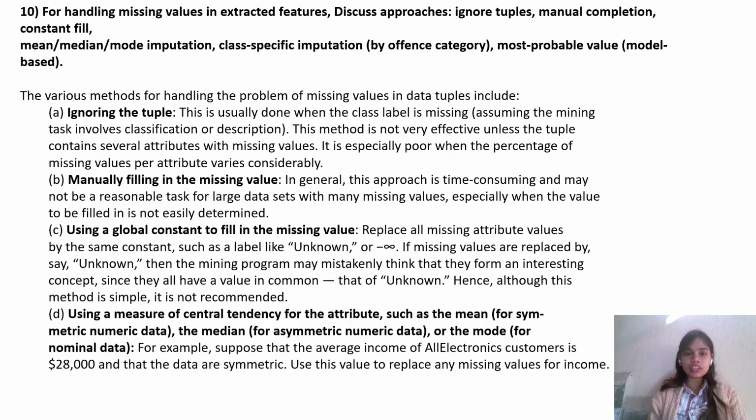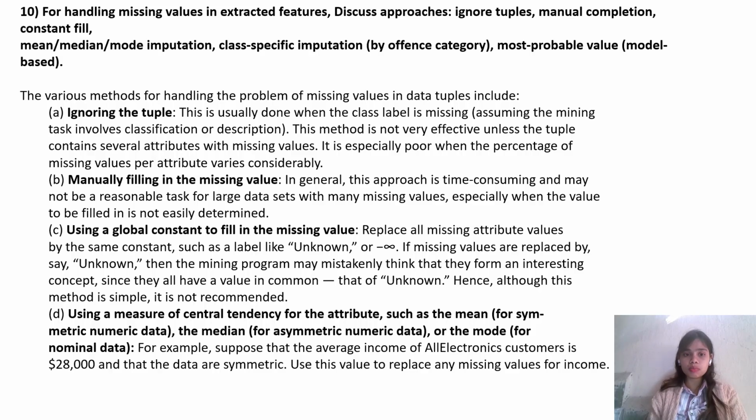Second, manually filling in the missing value. In general, this approach is time consuming and may not be a reasonable task for large data sets with many missing values, especially when the value to be filled is not easily determined. Third, using a global constant to fill in the missing values.